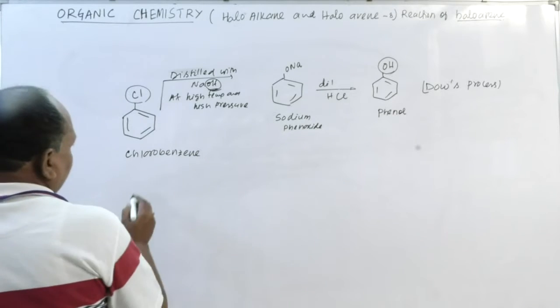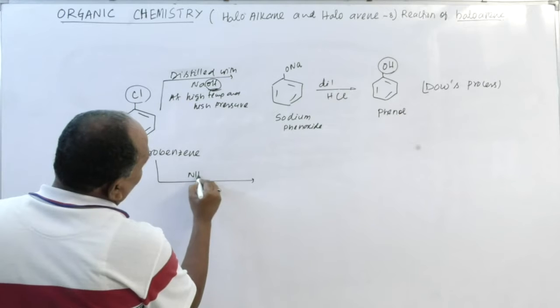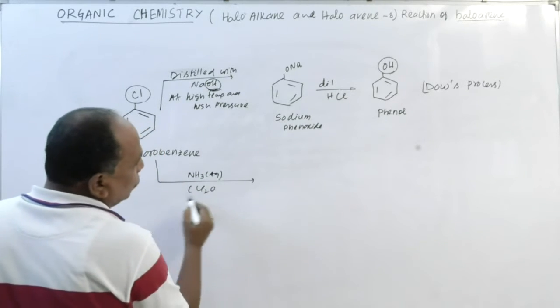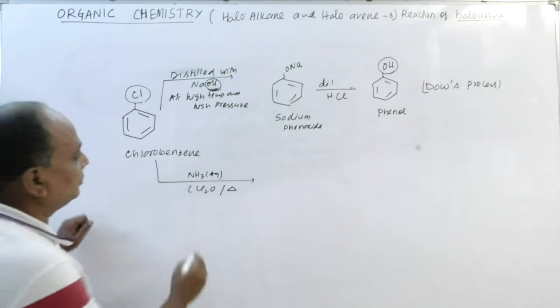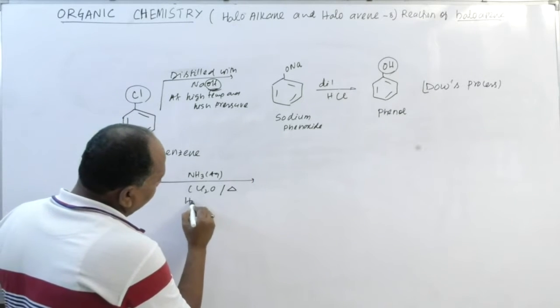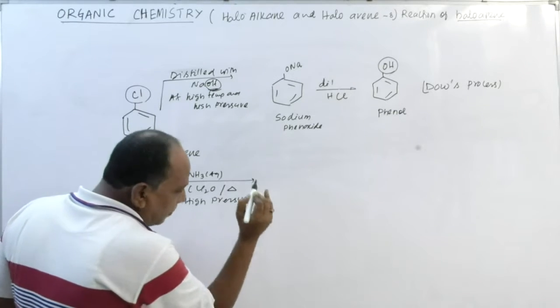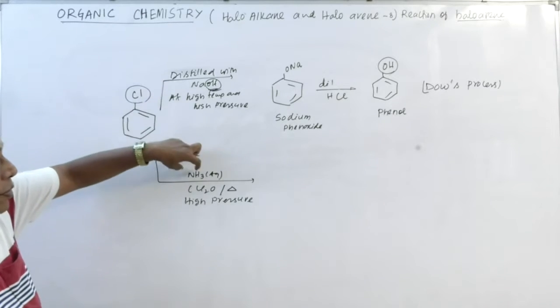Now if chlorobenzene is treated with an aqueous solution of ammonia in the presence of CO2, upon heating at high pressure, what happens? The chlorine atom is substituted by the NH2 group.